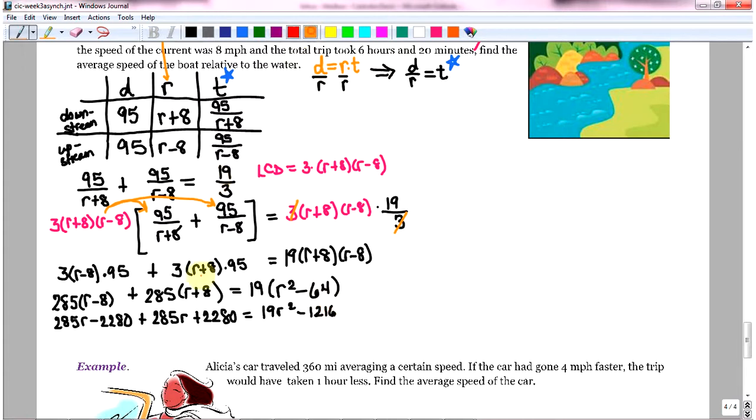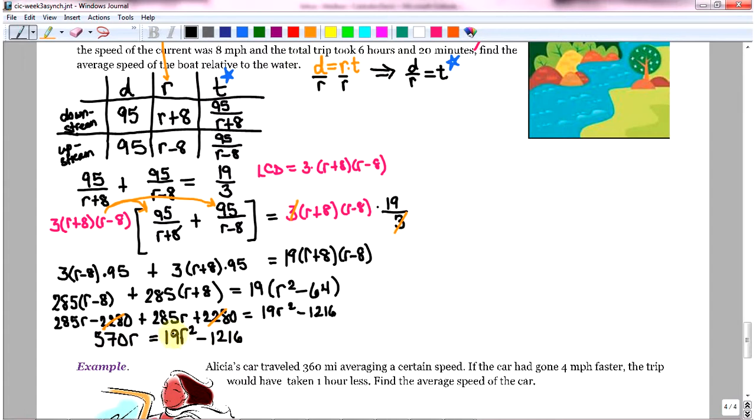Okay, so now I'm going to cancel out the 2280s. 285 plus another 285 gives us 570r, equals 19r squared minus 1216.